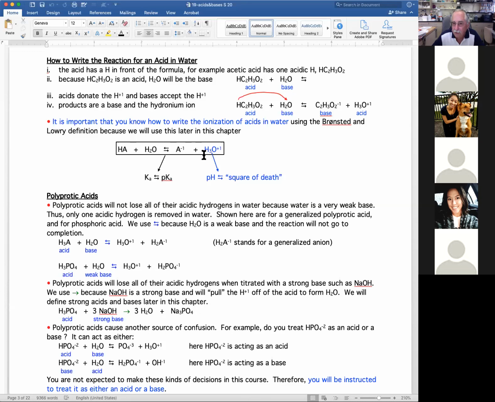I turn the H plus into the pH by taking the negative log of it. So that gives me the pH. Then later on, if I have the pH or this, I can calculate two other things: the pOH and the OH concentration. And we'll look at those. That's called, well, I call it the square of death. So in order to do this, we have to be able to write the reaction for an acid and water.